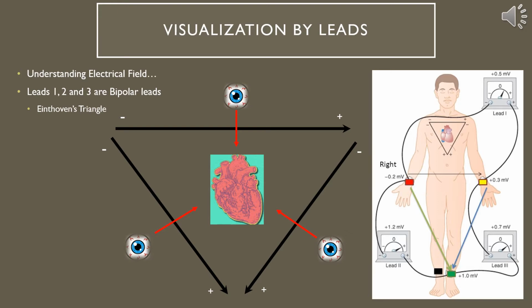But it's important that you understand that generally when we are looking, we're looking from a positive lead to a negative electrode lead, and that shows us the direction on where we're looking when we're looking at the 12-lead EKG. This is referred to as Einthoven's triangle. He is the first person to really evaluate heart rhythm through this method of evaluating negative and positive electrodes on the chest wall and hands and feet.